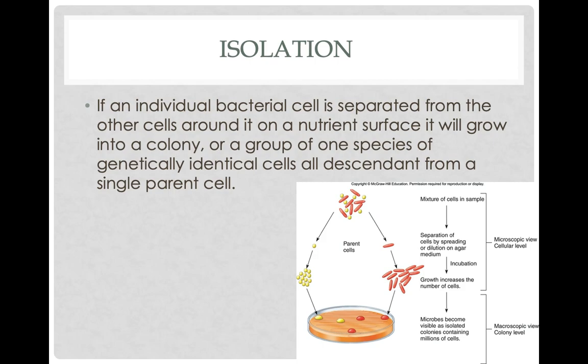What you're going to get is a swab with strep throat on it, of course, but also every other bacteria that grows in their throat, of which there are quite a few. So your job as the microbiologist is to figure out which one of these is causing the problem, and how to get just that one species away from all the rest of them. This process is called isolation.